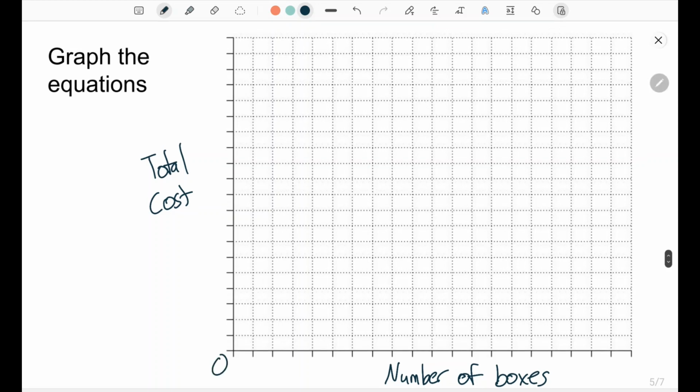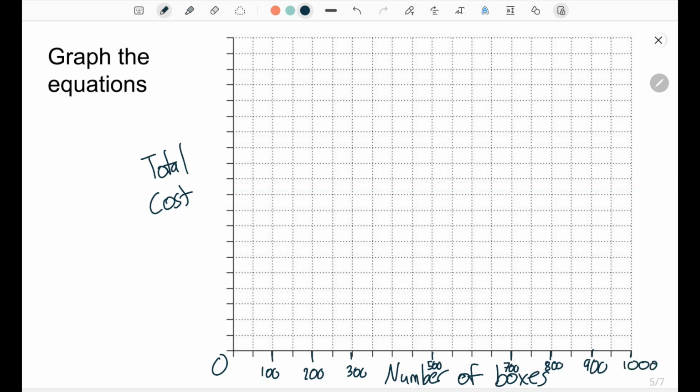In the bottom left, we're going to do 0. For this, every 2 is going to be 100. I'm just going to label it every so often: 400, 500 is going to be here, 600, 700. I'm not labeling as many because it's just in the way. And to 1,000.